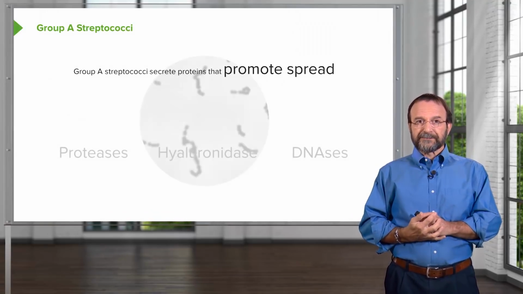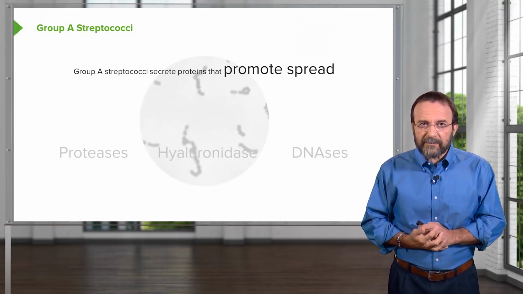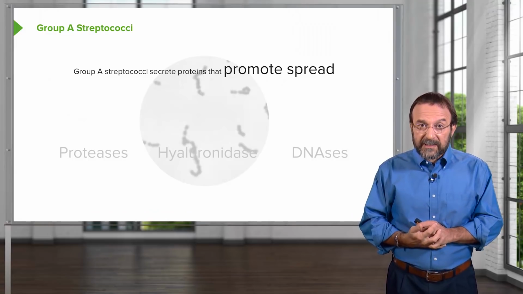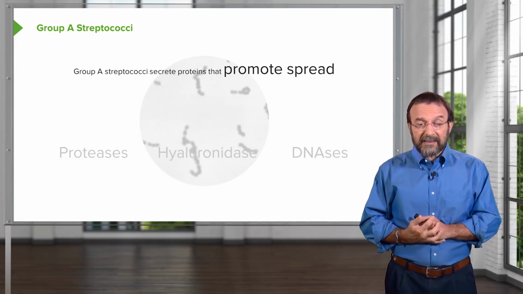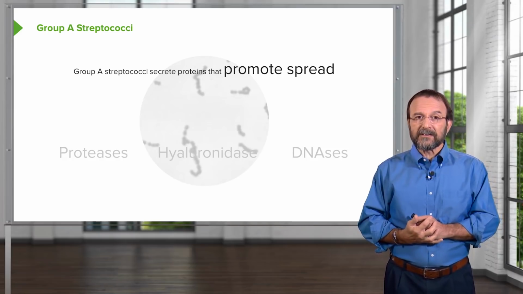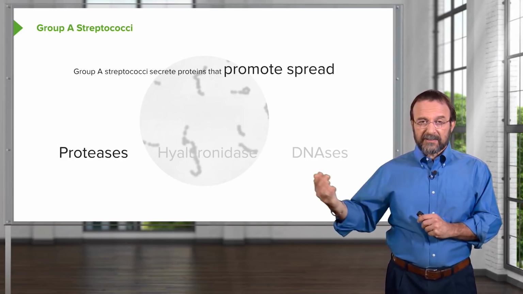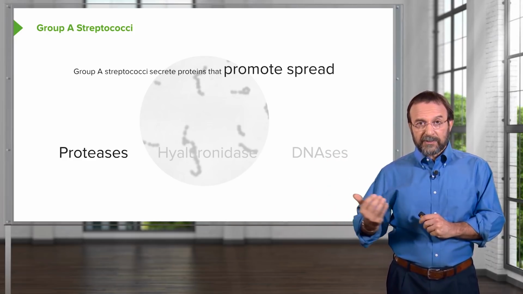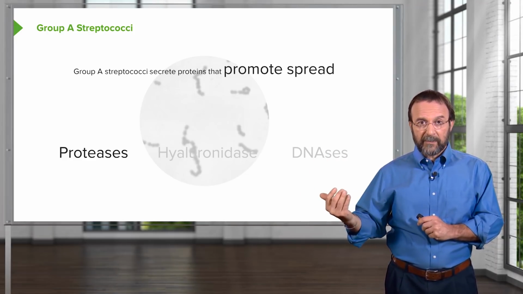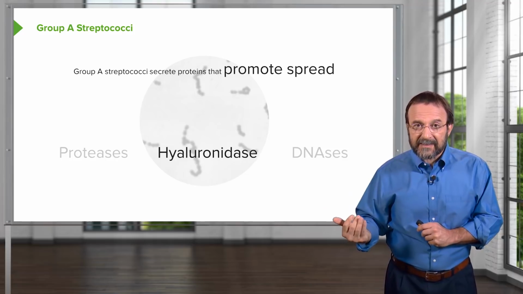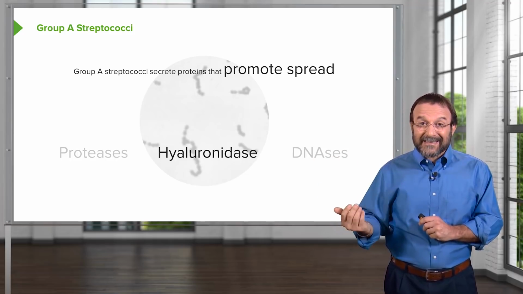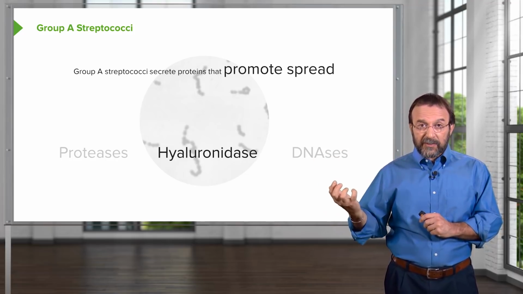serious infections. Group A Streptococci produce proteins that promote spread of the bacteria. These are exotoxins that we've talked about before and include proteases that digest proteins in the host, which would normally restrict the spread of the bacteria. Hyaluronidases. Hyaluronic acid is a component of the extracellular matrix.